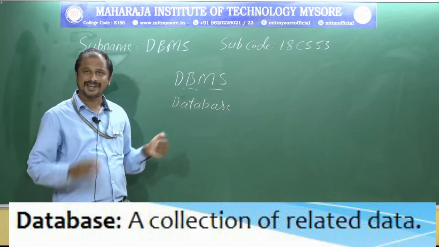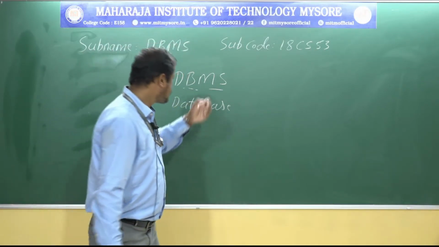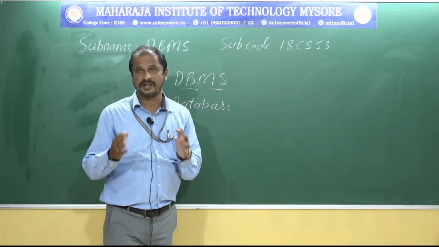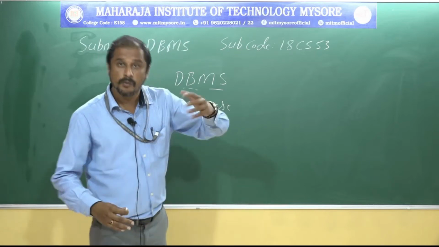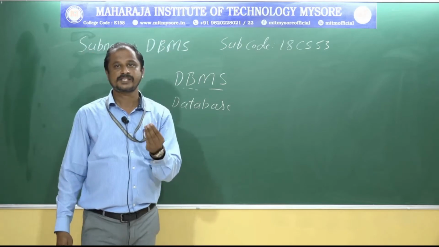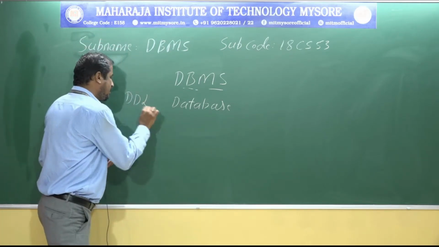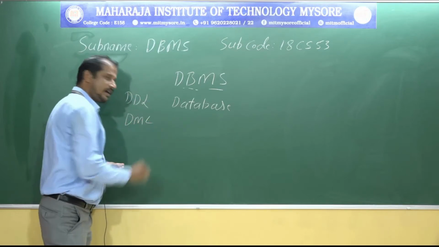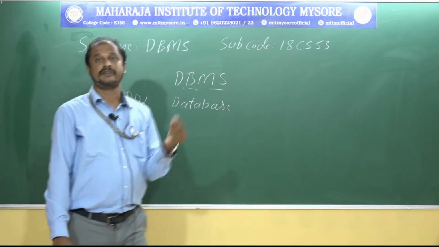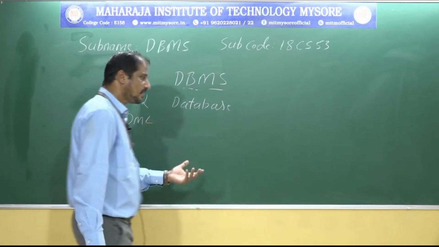So a database is a collection of related data items, and its management is done through insertion, deletion, and updation. A DBMS speaks with languages like DDL and DML. DDL, data definition language, speaks about creation of a table and alteration of a table.